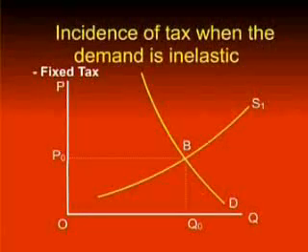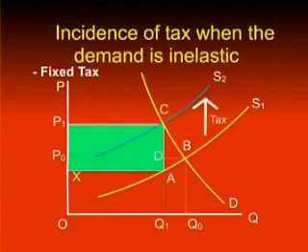First and foremost, look at this graph in PQ space, where a demand curve is drawn and a supply curve is drawn. Now, when a tax is imposed, it has the effect of shifting the supply curve upwards. If the tax is a specific tax, that is, the amount of tax is constant, the same at all prices.